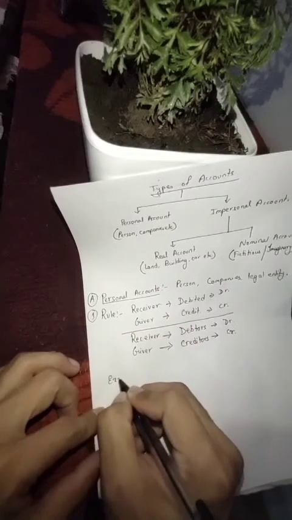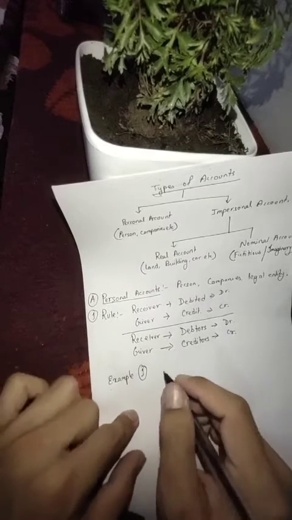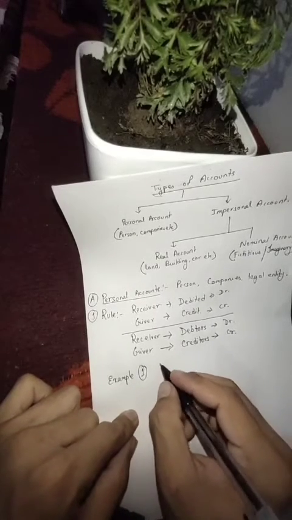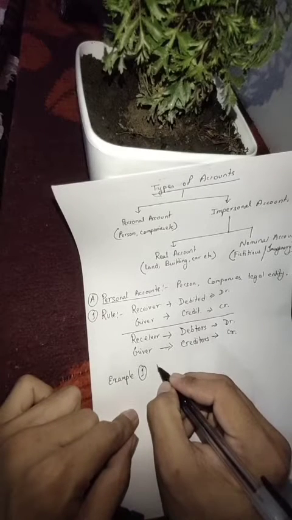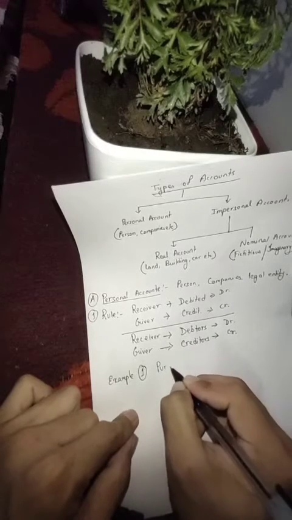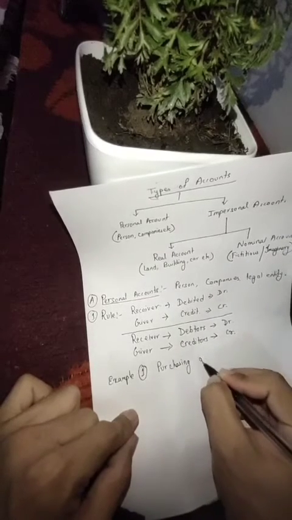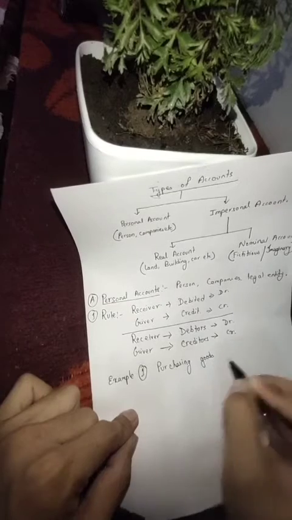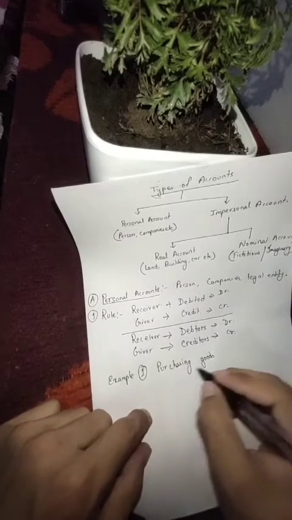Okay, so let me put example number 1 over here, and let me say the transaction: I have a business, and I'm purchasing goods, or purchase goods. That's the term normally used for accounting transactions.